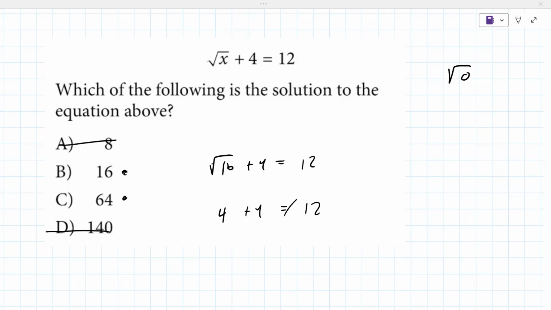And you said the square root of 64 is 8? Yeah, it's equal. So for 64, it does work. Mhm. And you can do that.